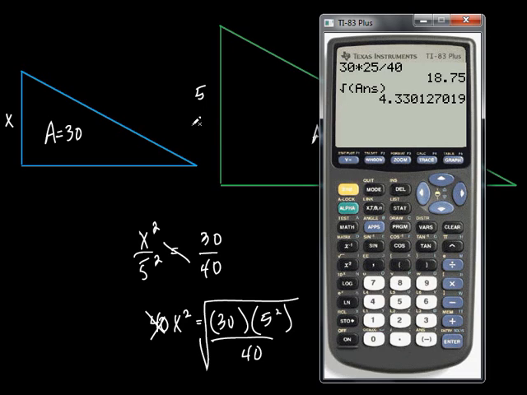It should just be, well, whatever your answer is over 5 should be your scale factor, right? Or you could just go, or let's see. Yeah, I guess that's the only way to do it, right? You find x and you put that over 4.3 squared over 5 squared, whatever that is. I got a weird answer for that.